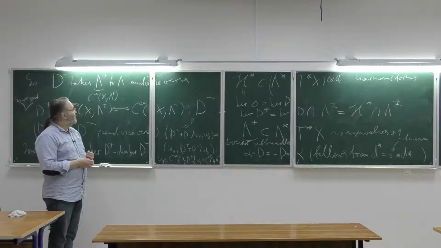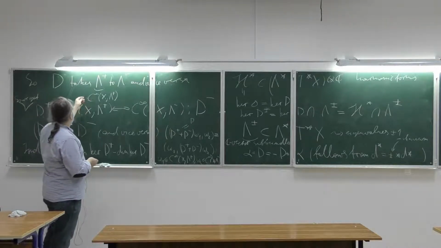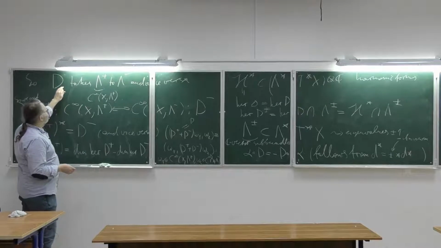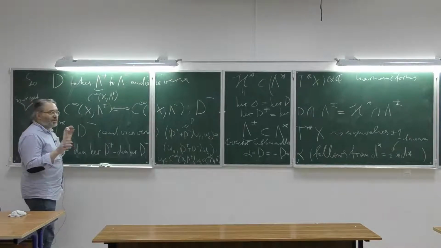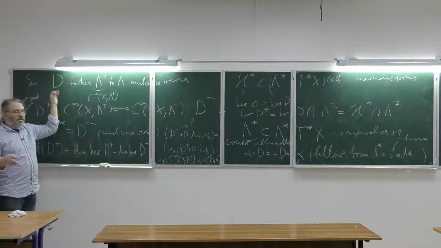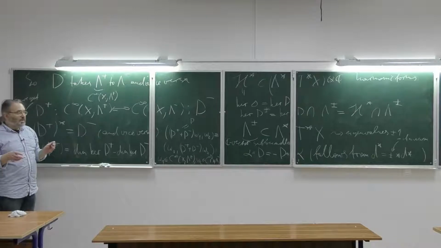We took even forms and odd. No. We take this d, which we view as an operator from lambda star to lambda star, the direct sum of all forms.